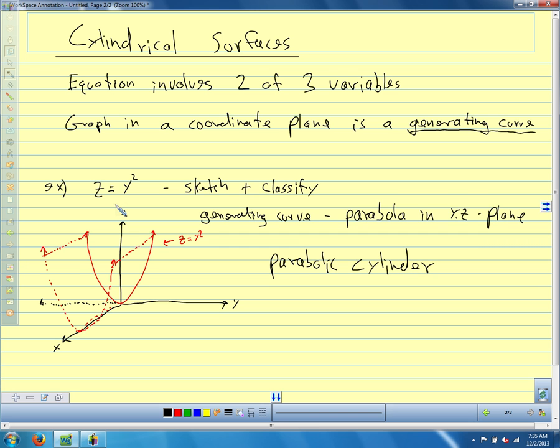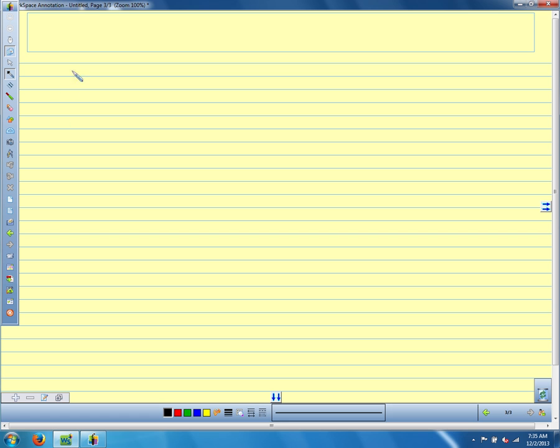Let's look at one that's a little more interesting, but the same kind of idea. So we want to sketch and classify z equals sine x. Our generating curve is going to be a sine curve in the xz plane.